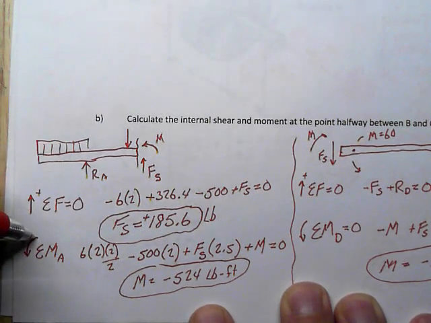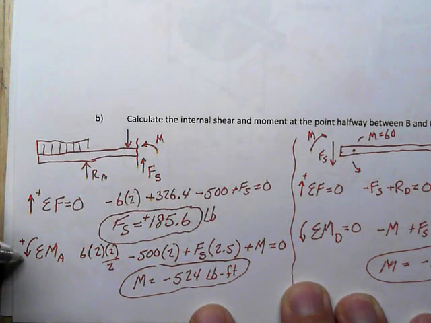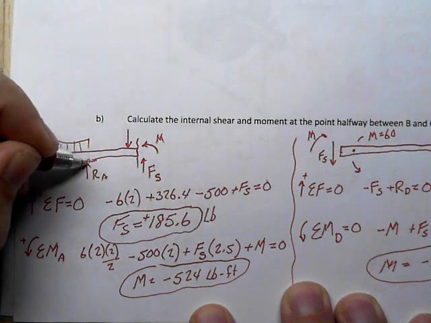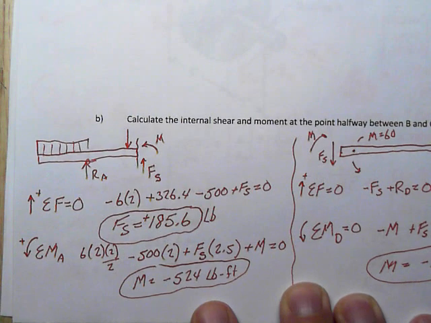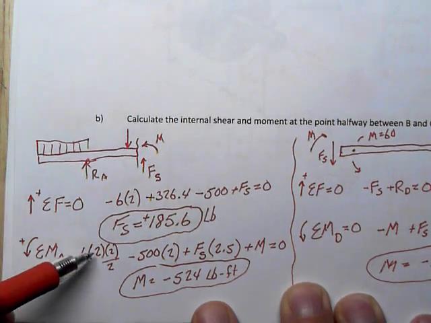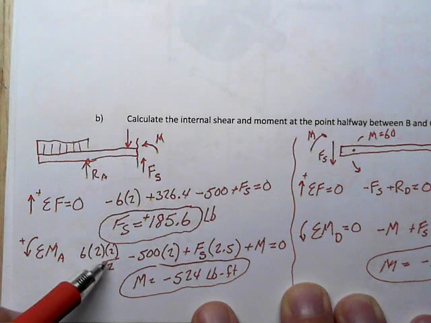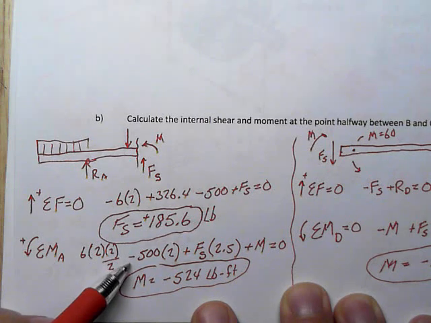Then I'm going to sum moments, with counterclockwise direction as positive, about point A, which is where that load is applied. I could go anywhere, but I chose point A. I've got 6 times 2 times 2 over 2 in the positive moment direction. I've got 500 times 2 in the negative direction.